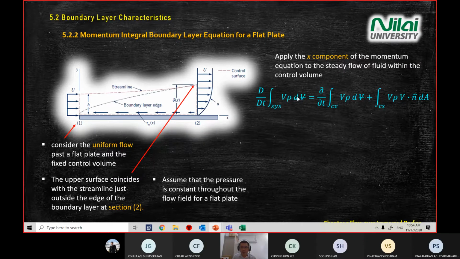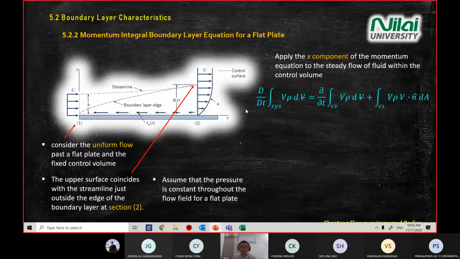The V rho dV, with the d/dt on the left hand side, is for the system, the total system, consisting of what happens in the control volume and control surface. We already covered this in chapter 3 in detail for each component.